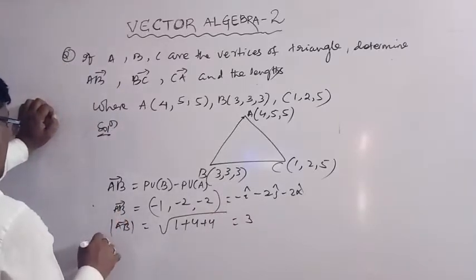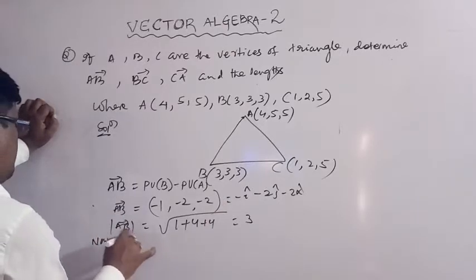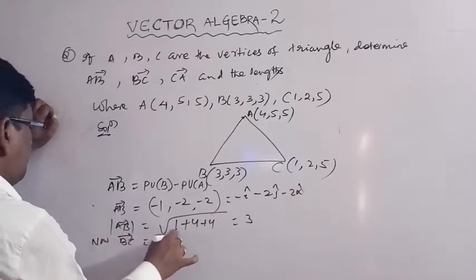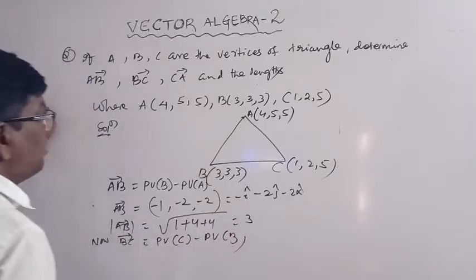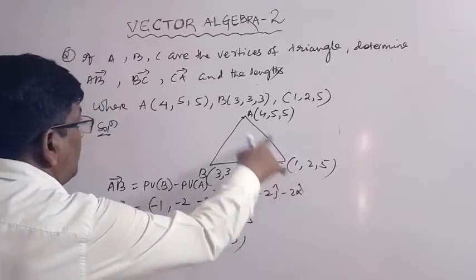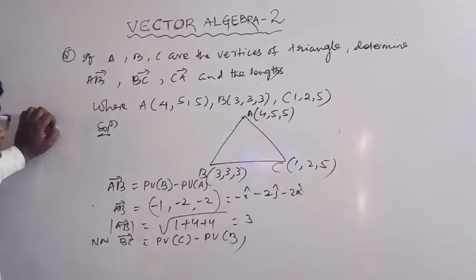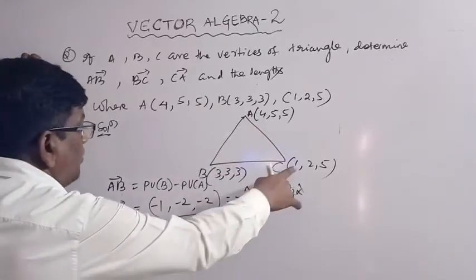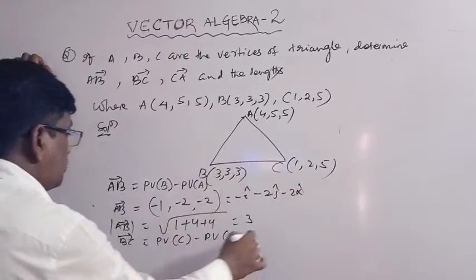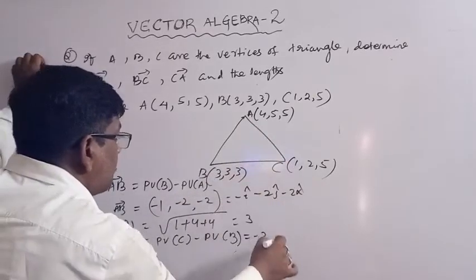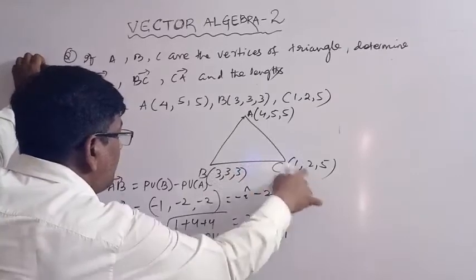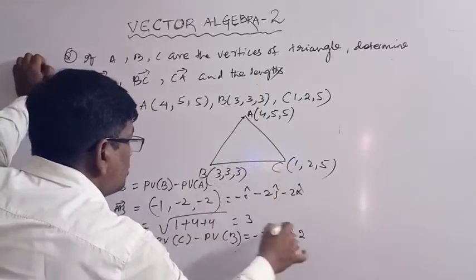Now BC vector is equal to PV of C minus PV of B, that is C minus B: 1 minus 3, 2 minus 3, 5 minus 3, that is minus 2, minus 1, 2.